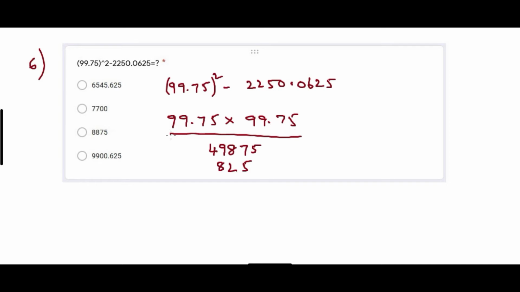So 7 9s are 63 and 8, 71. Next 9 5s are 45, 9 7s are 63, so 63 plus 4 is 67. Next 9 nines are 81.